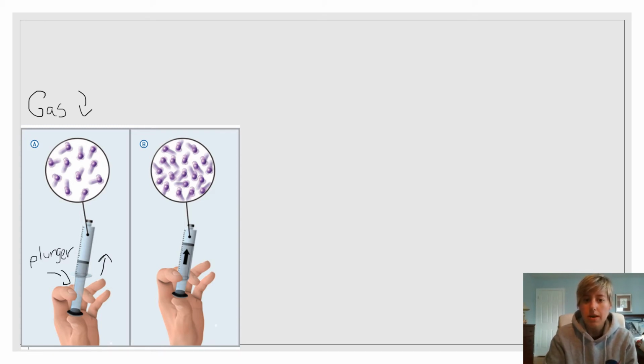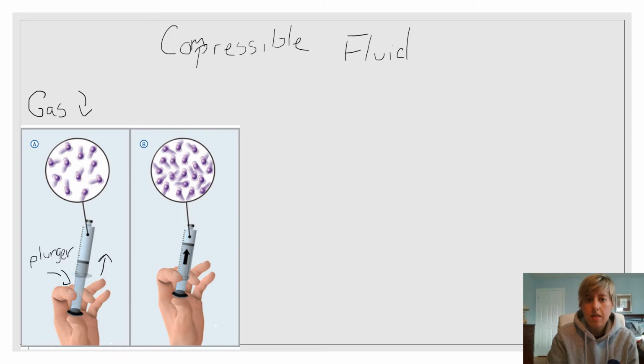My gas molecules are now closer together. So that means my gases are considered a compressible fluid, in the sense that I can change its volume. It can be compressed. If I were to do the opposite: in picture A, I had my initial scenario, in picture B, I pushed my plunger in, and the volume went down.